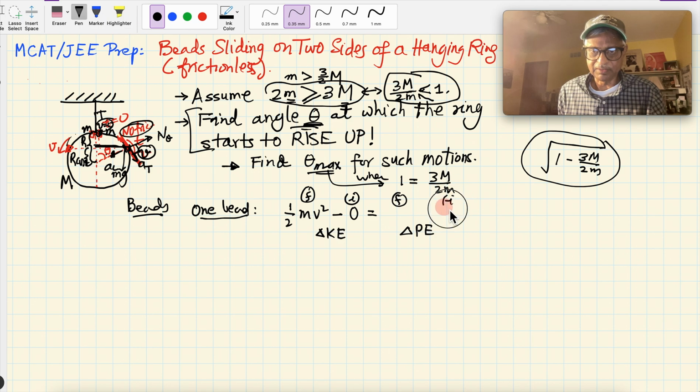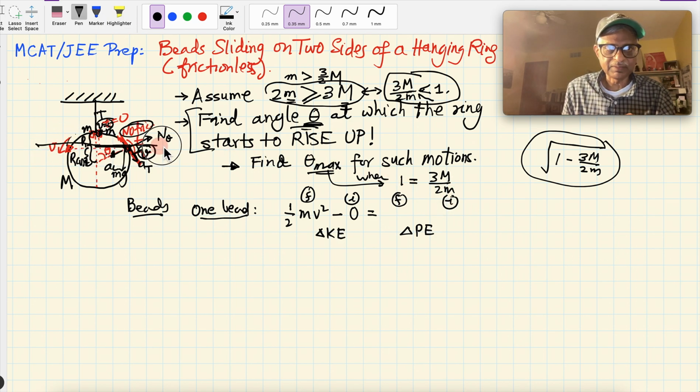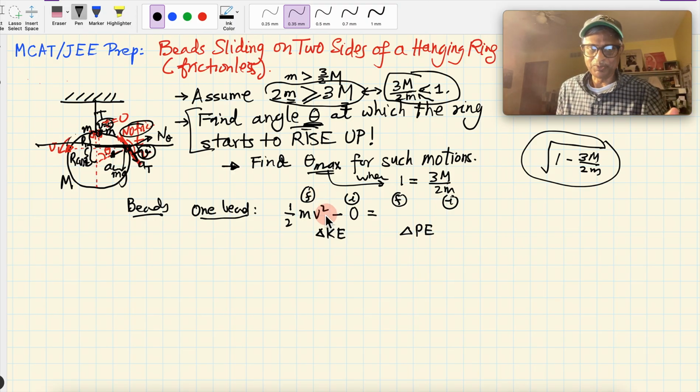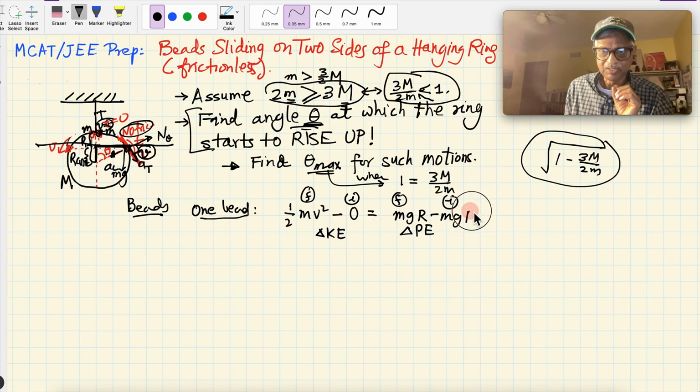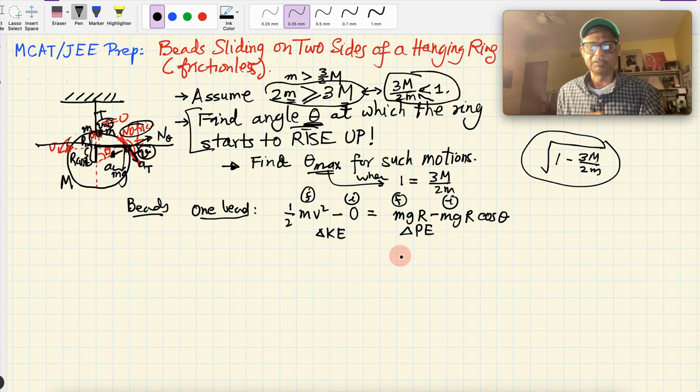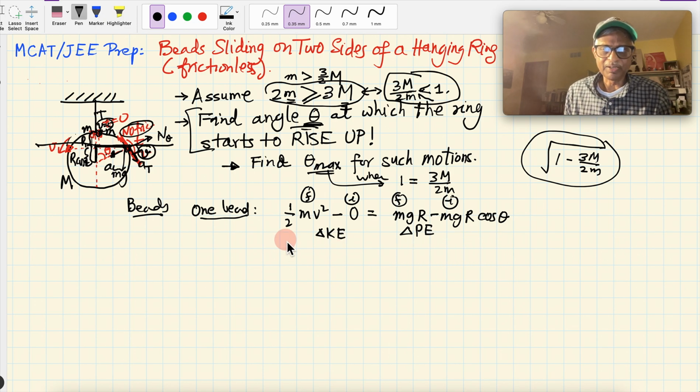If you take this as your zero, then that's the change. The change will be mgR, it was mgR, the whole thing, minus mgR cosine theta. So this is potential energy. Okay, let's call this equation number 1. And so this is the energy picture.